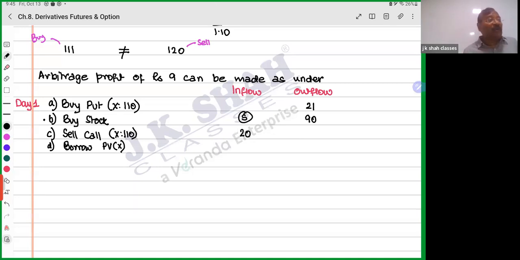So when you borrow PV of X, remember 100 is going to be your inflow. That means on day one, your bank account is going to witness an inflow of 120 and an outflow of, leaving you with an arbitrage gain of ₹9.